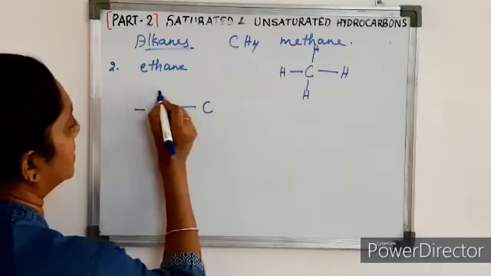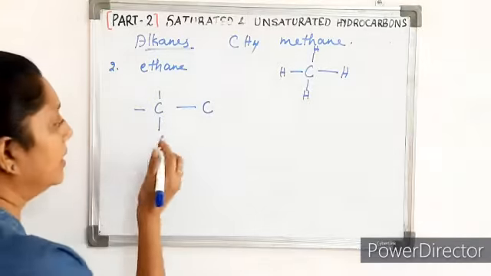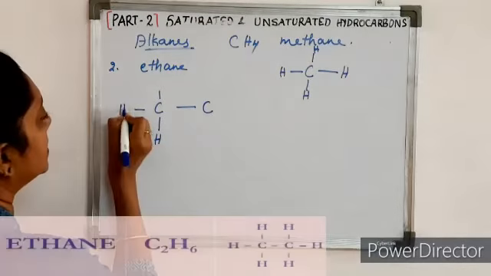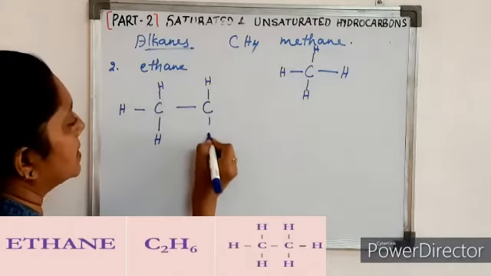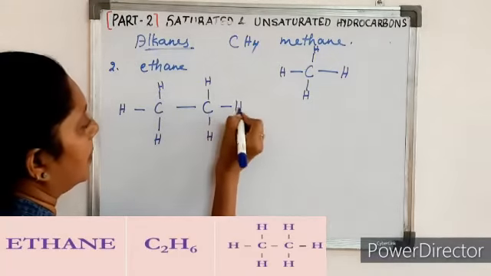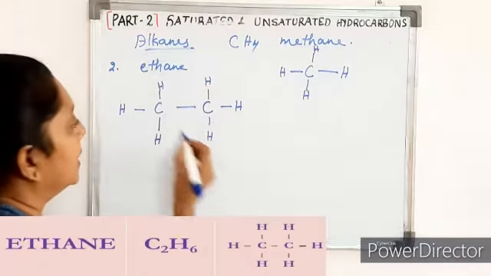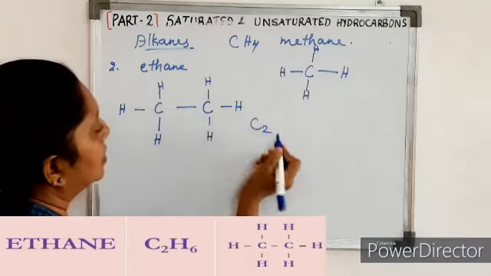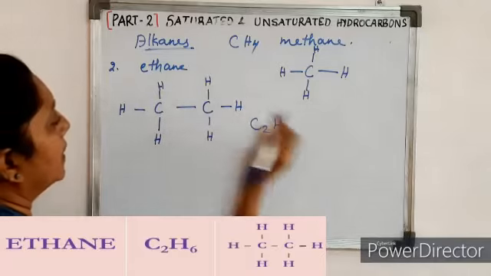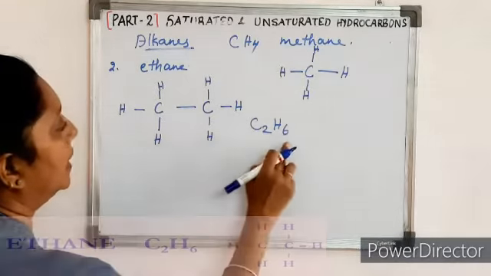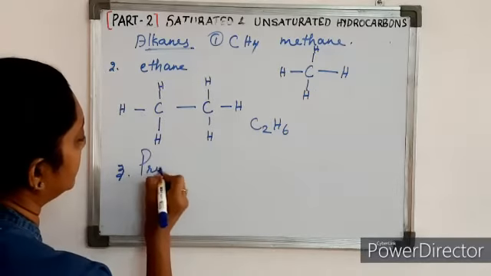Next, the 3 remaining valencies of this carbon atom have to be satisfied, and we attach hydrogen atoms like this. Same with the other carbon atom also. This is the ethane molecule. So we can write the molecular formula C2, how many hydrogen atoms? 1, 2, 3, 4, 5 and 6. C2H6.